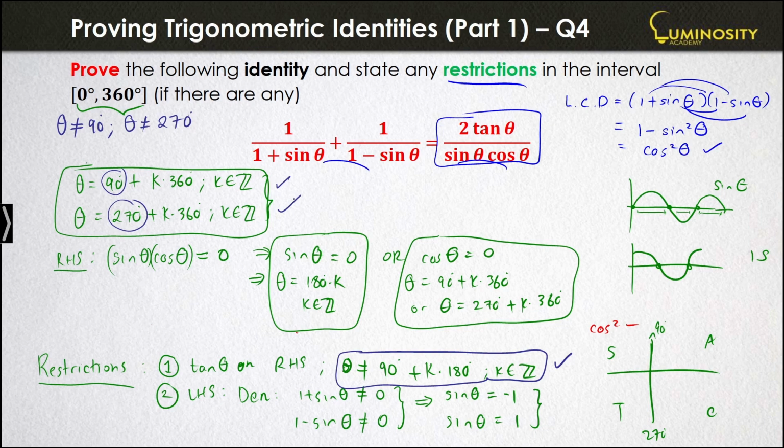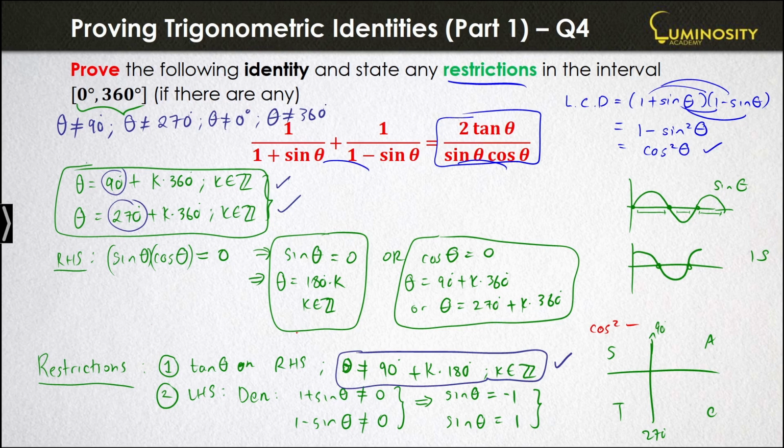And then lastly over here, when I put k equals 0, then theta cannot equal 0 degrees, because then we'll have division by 0. And if I put k equals 2, that means theta cannot equal 360 degrees, because then that'll give us an issue for division by 0.